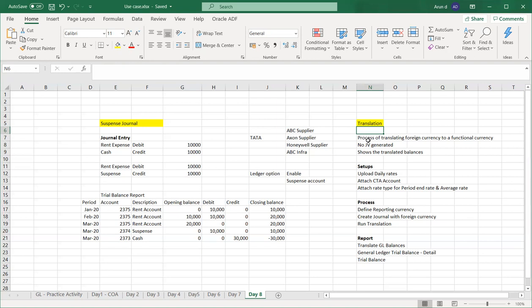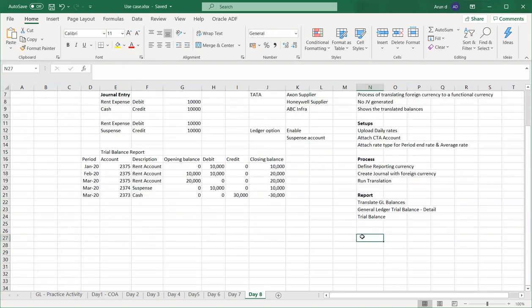We have one transaction in a particular period, maybe in the month of January. On 11th Jan we are creating a transaction, and we are doing this from USD to INR. The currency rate on this date is 70. We are translating the balances on 30th of Jan.